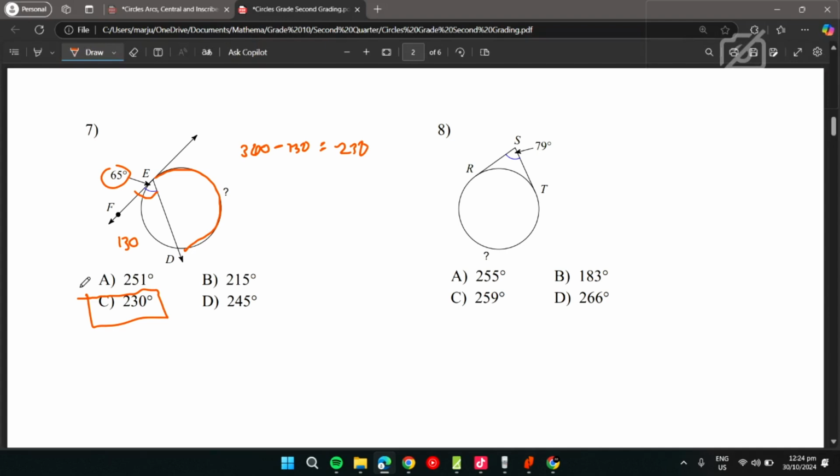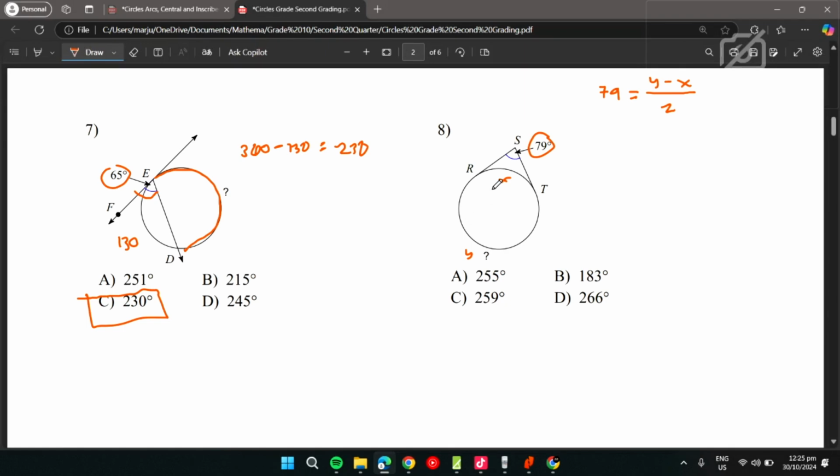Alright, so the same thing, yung ginawa natin earlier, yung concept natin. Ano yung concept? Ang measurement ng angle na to is half of the difference ng X and Y. Let me just label this one again as my X and Y. That is just 79 is equal to half of the difference ng far arc, which is Y, minus X. That will be our concept.